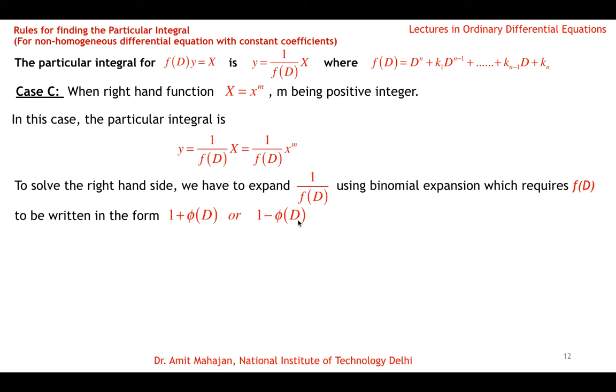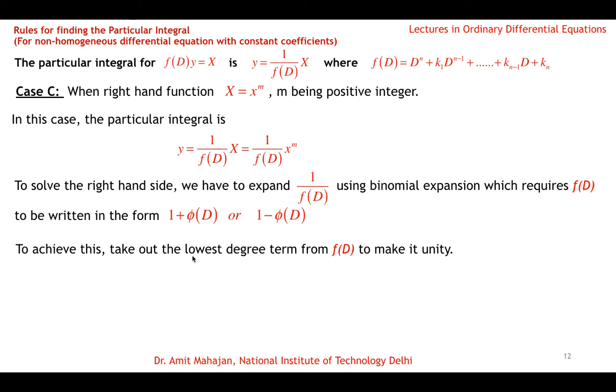To do this, we have to take out the lowest degree term common from the f(D) function. Whatever the f(D) function is here, take the lowest degree term outside. That will make this 1 plus function or 1 minus function. Once you have this, you can take this function to the numerator, so it will be 1 plus phi(D) or 1 minus phi(D) whole inverse, and you can apply binomial.